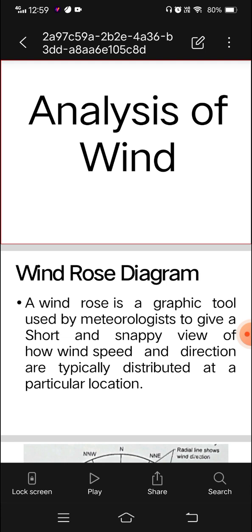The recorded duration of wind should be shown as a percentage for each radial direction. This will indicate the duration of wind velocities. With the given data, we can calculate direction, duration, and intensity of the wind.